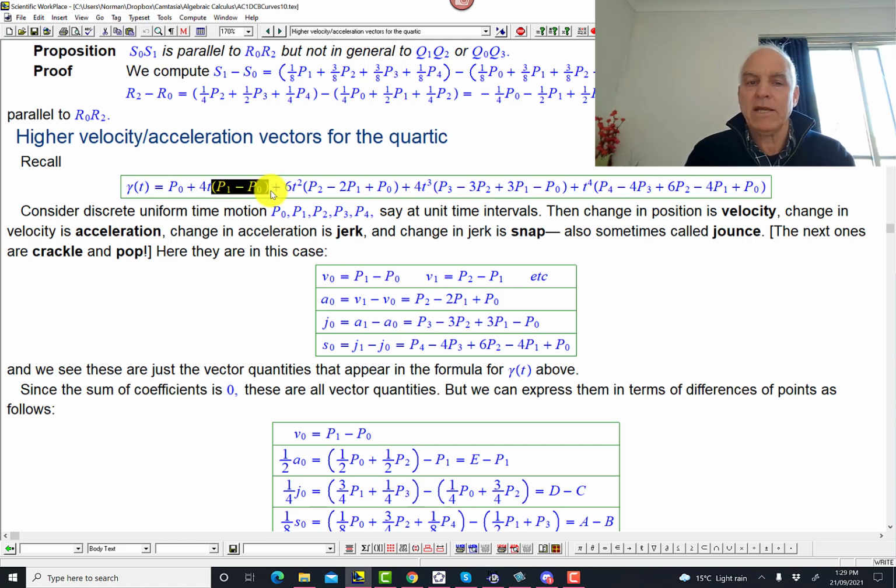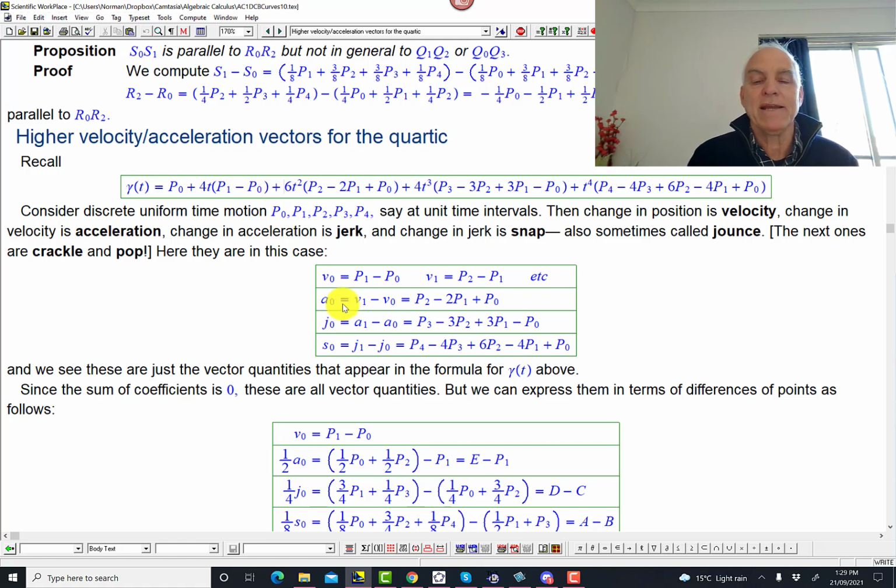Okay, so note that this p1 minus p0 is already appearing right here in our expression of our actual Casteljau Bezier curve, when expressed in this form where we're expanding in powers of t. So yes, this velocity already has a realization in the mathematics of the curve.